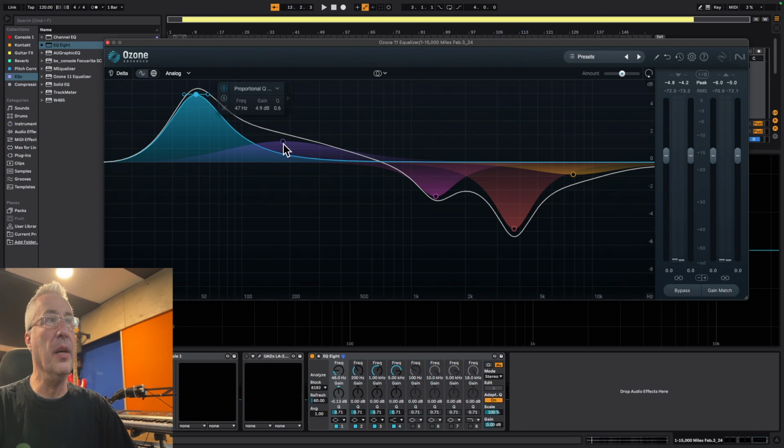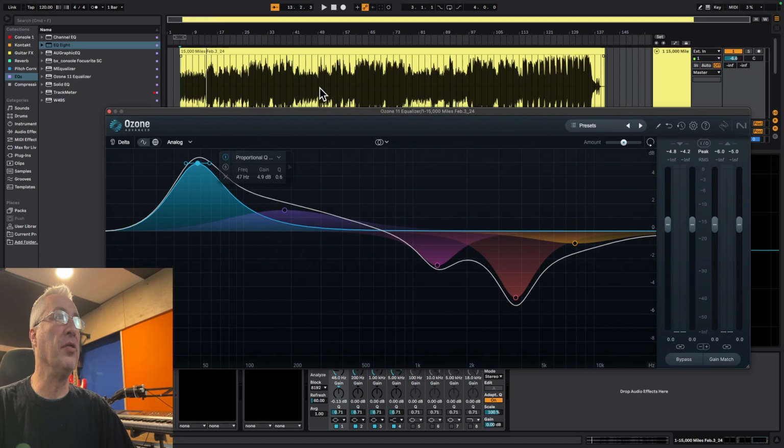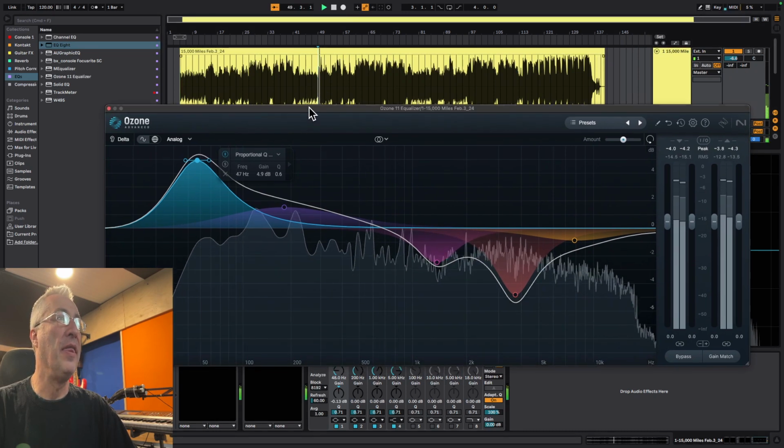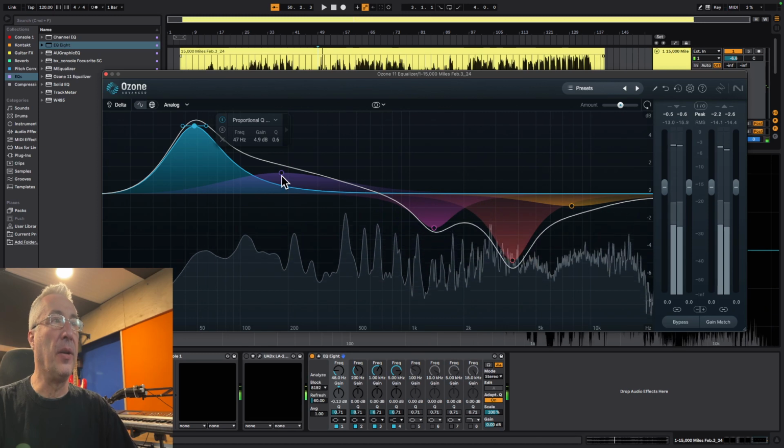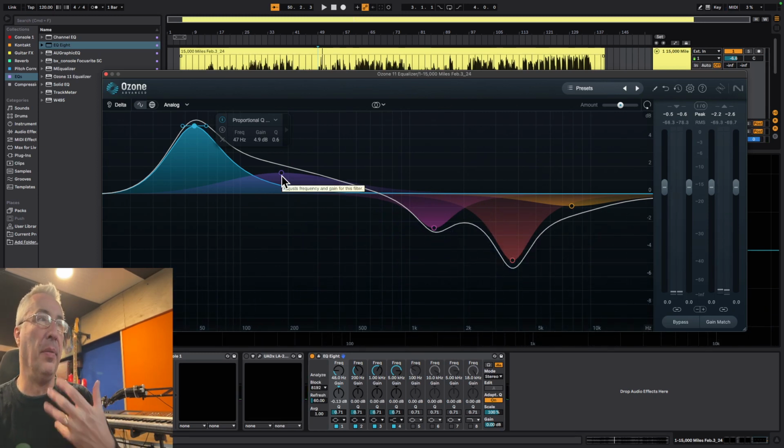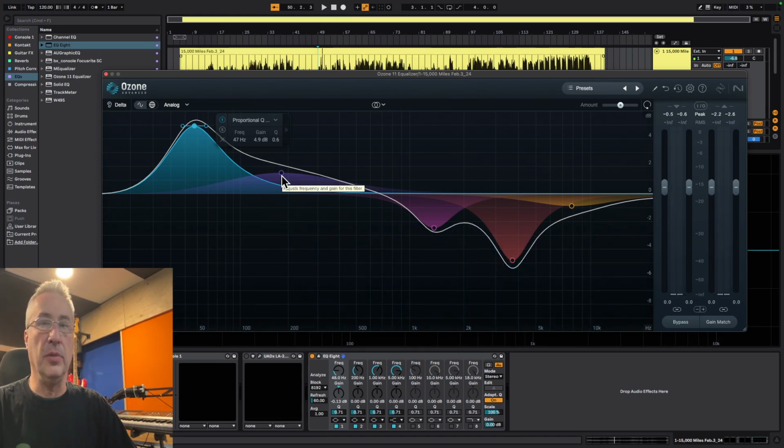This is going to be around 200 hertz, and it's a fairly wide sweep, kind of the low mids. And I'm actually going to jump ahead in the song a little bit. Okay, and this is sort of the warmth, the body. We're not really in the bass frequencies, but it's the warmth of the song.